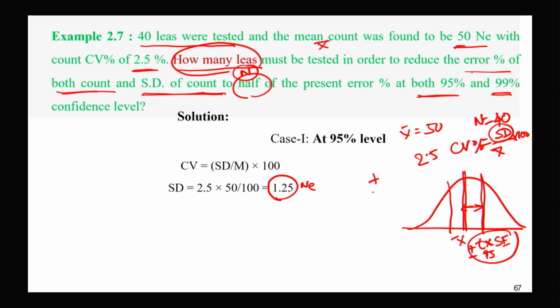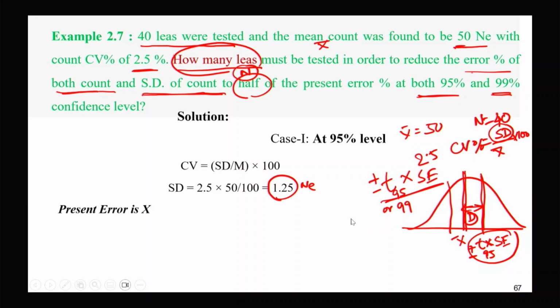So, plus minus T multiplied by standard error. It can be 95% or 99%. This is the error percent. That means this we can represent as deviation D.